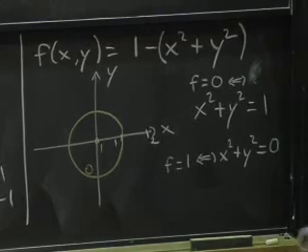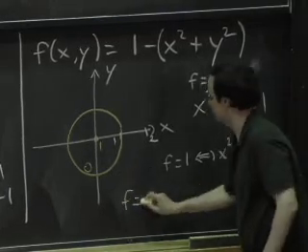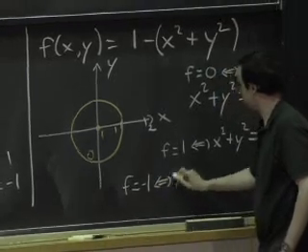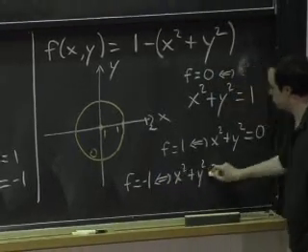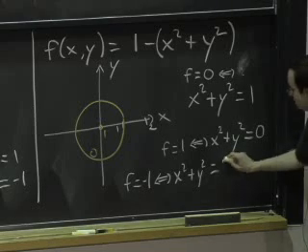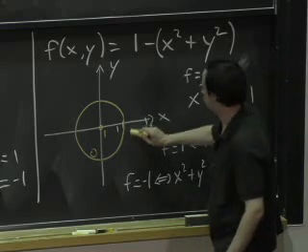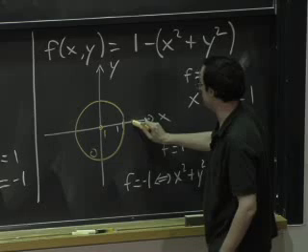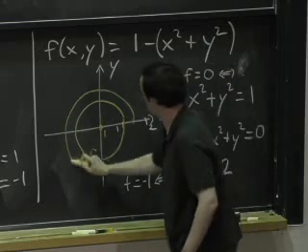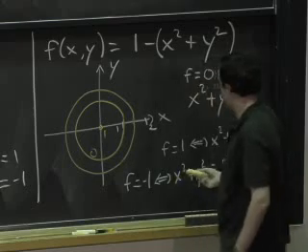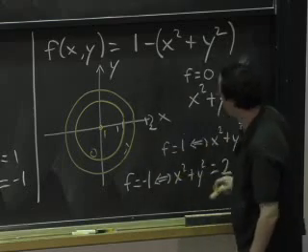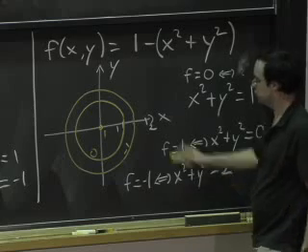What about f equals minus 1? That's when x squared plus y squared equals 2. That's a circle of radius square root of 2, which is about 1.4. So it's somewhere here. Then minus 2, similarly, will be x squared plus y squared equals 3.